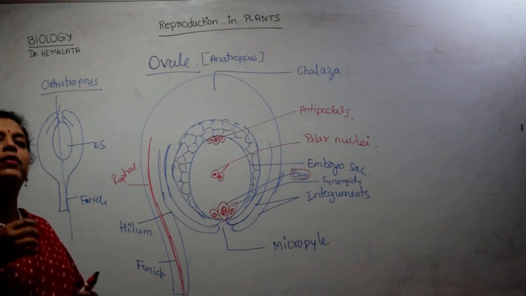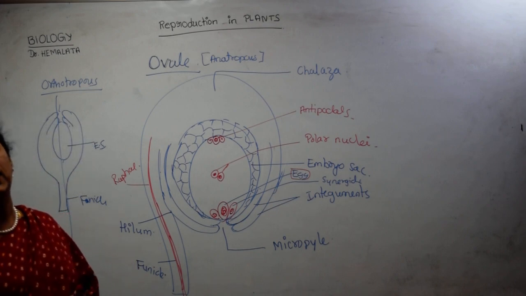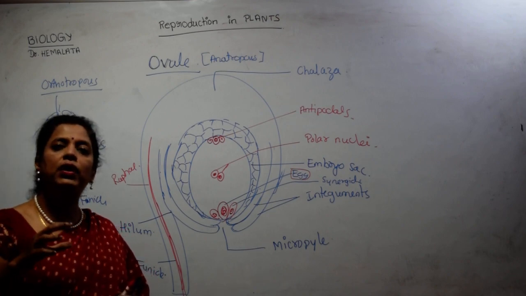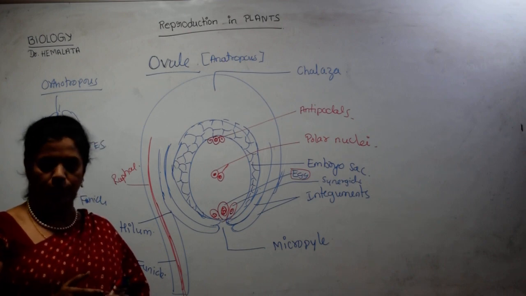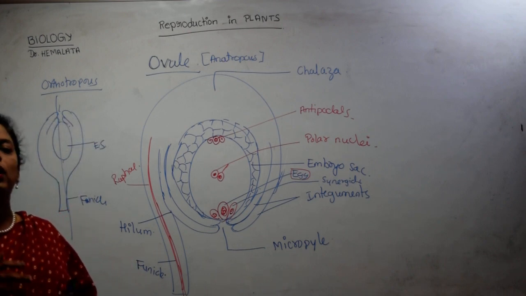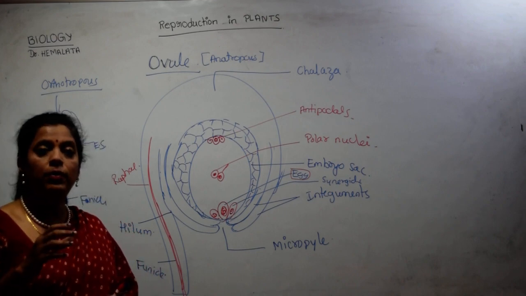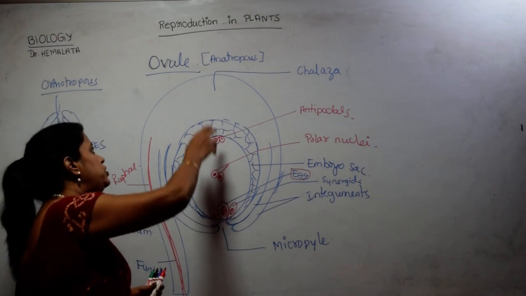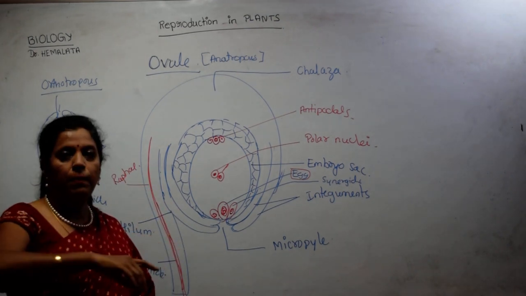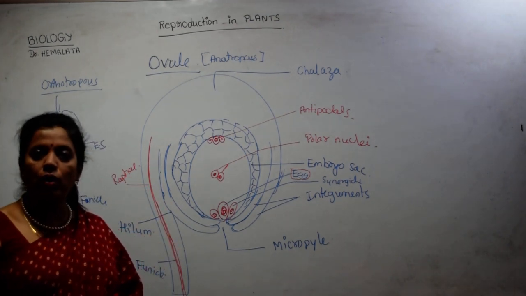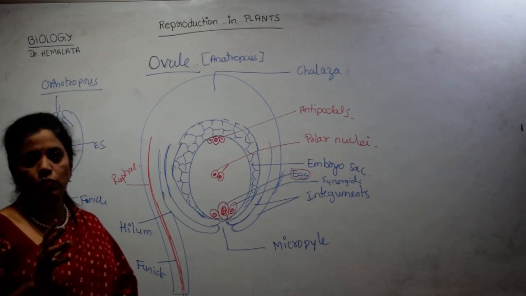Then the ovules are classified into 2 major types based on their orientation with respect to the funicle. Funicle is the stalk, and the embryo sac contains the functional egg. If the micropyle and chalaza remain parallel to the funicle, because of the bending of the ovule by around 180 degrees, it is said to be the anatropous ovule.